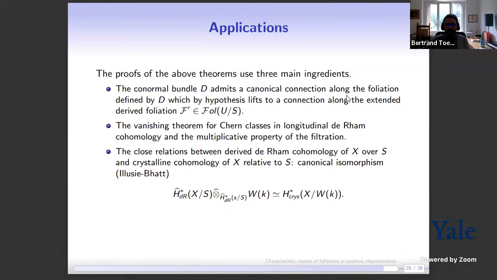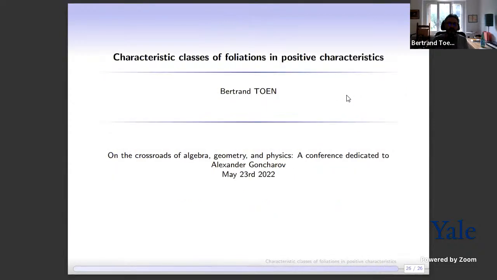I don't know how to do this really, but to define a notion of foliations for which the cohomology gives automatically crystalline cohomology without this weird formula. So this is what I was saying at the beginning, that it's not completely clear that this is the best possible definition of derived foliation outside of characteristic zero. There could be something with more crystalline features, but at least it's useful to prove these results. Okay, and I think I've finished now.